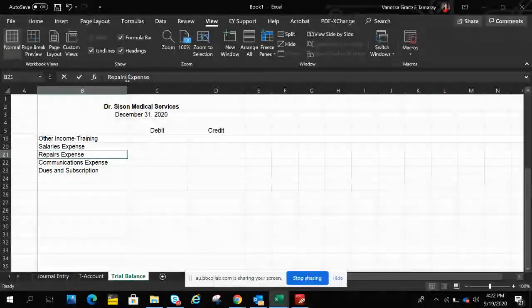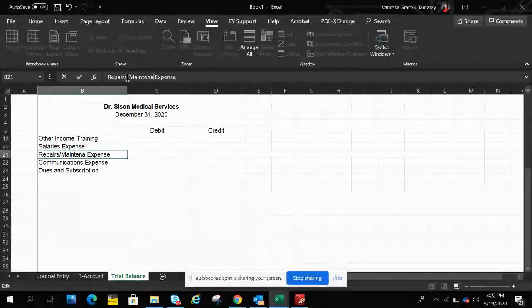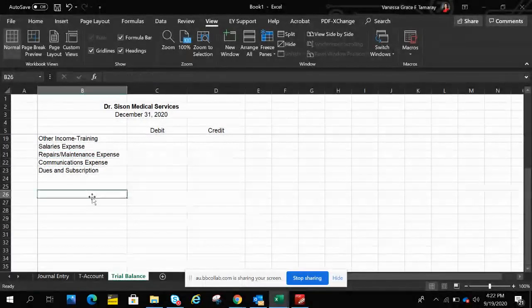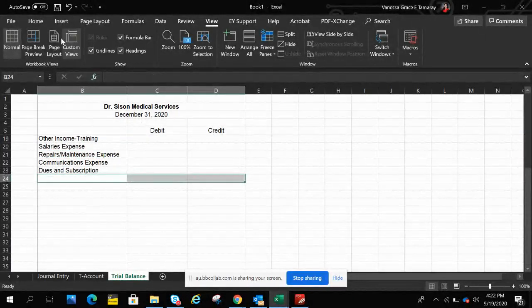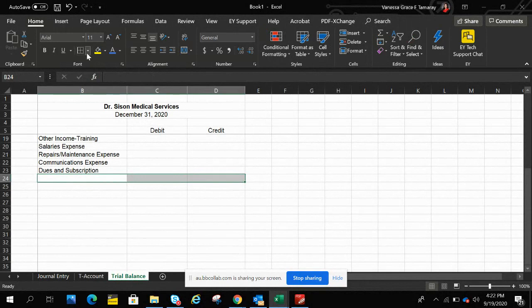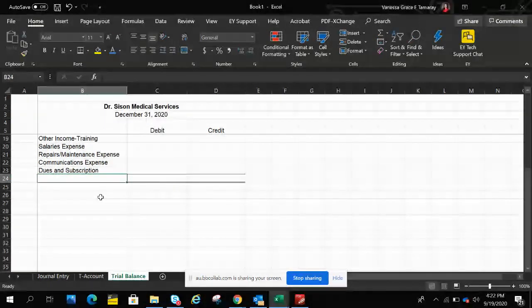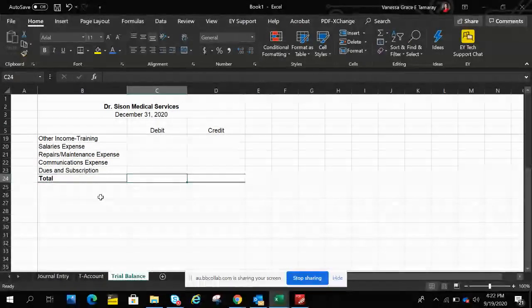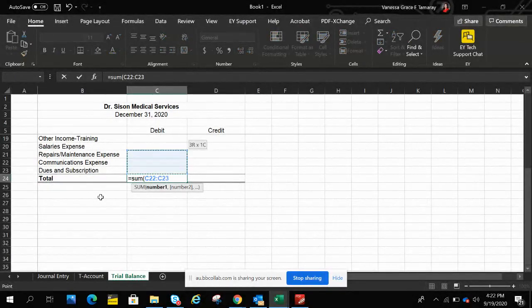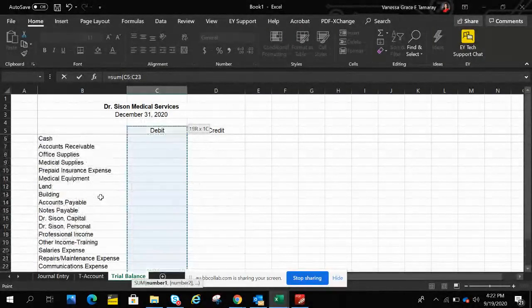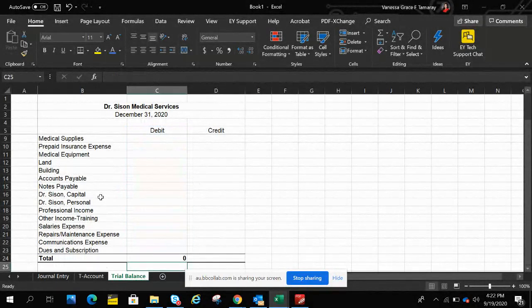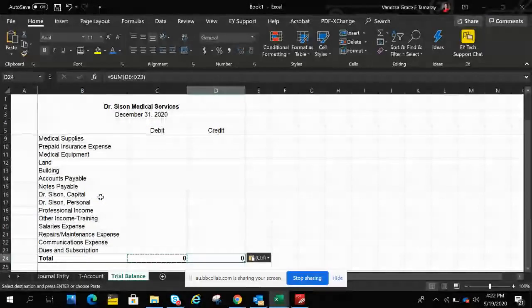Repairs or maintenance expense. And then we have our total. So, total natin yung debit side mamaya and yung credit side.